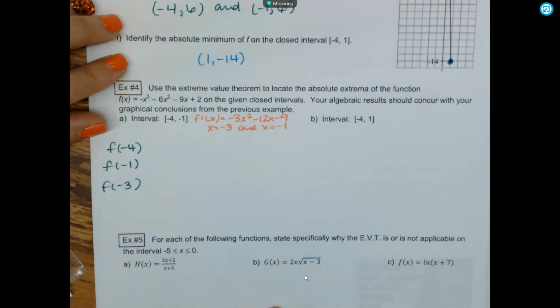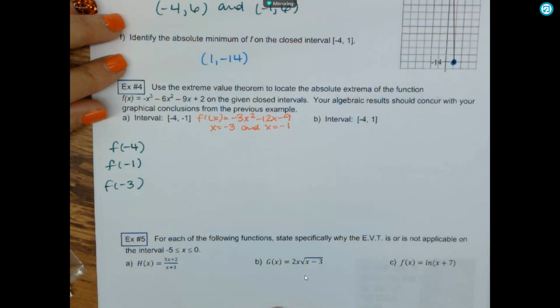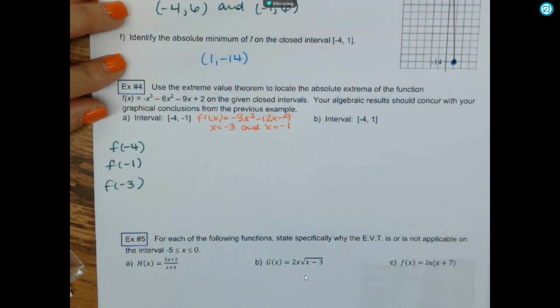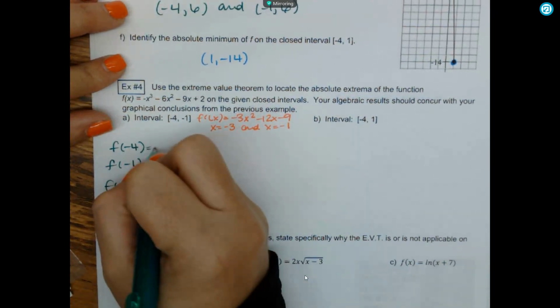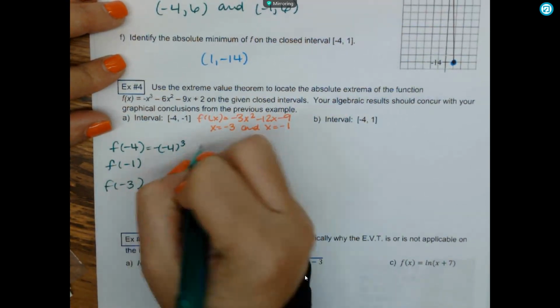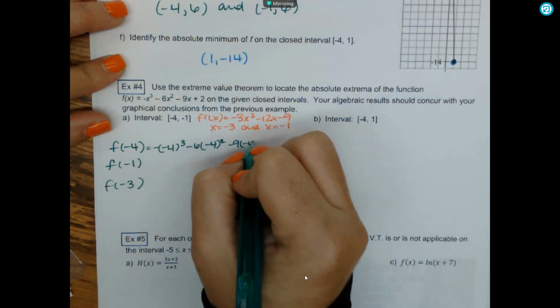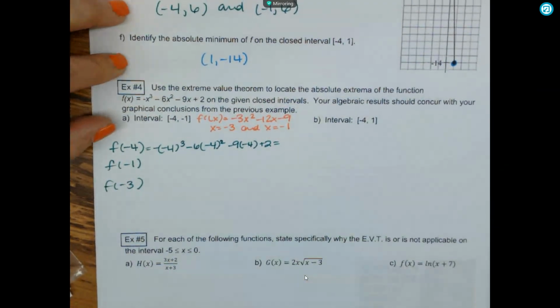All right, now I'm going to write the first one out, and then I know y'all know how to use a calculator to calculate these for me, okay? So all we're doing is simply plugging in. So we're plugging -4 in here: -4 cubed minus 6 times -4 squared minus 9 times -4 plus 2.